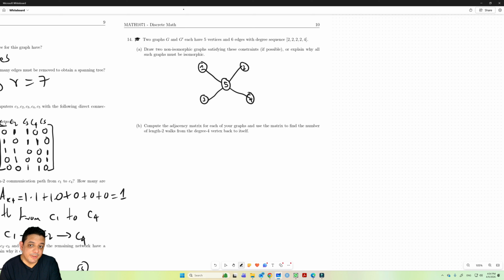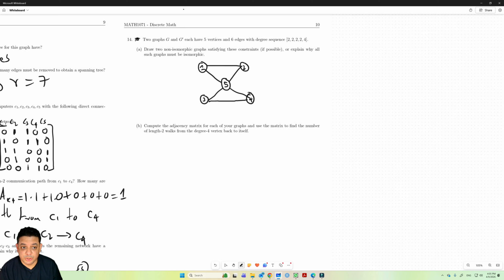And once you have those connections, then for being degree 2, that means each one needs to be connected to another node, and that's it. So we're going to have, for example, 1 connected to 2, and 3 connected to 4, and that's it. There's not going to be any other option for graphs, since everything else has to be degree 2.